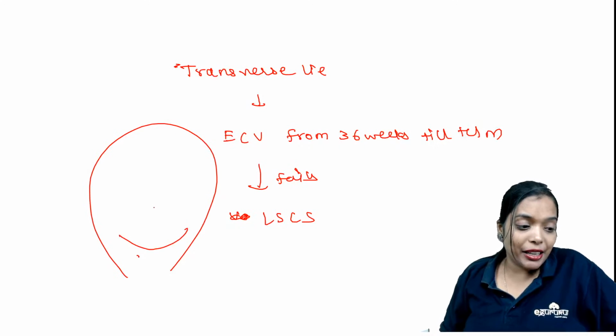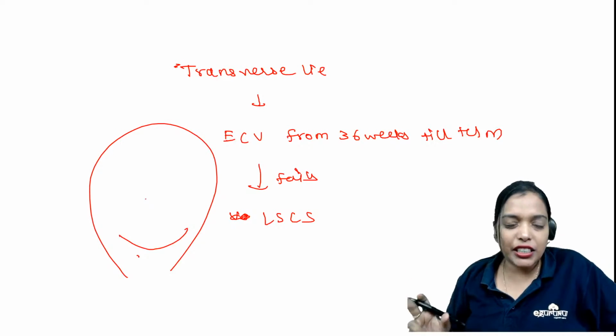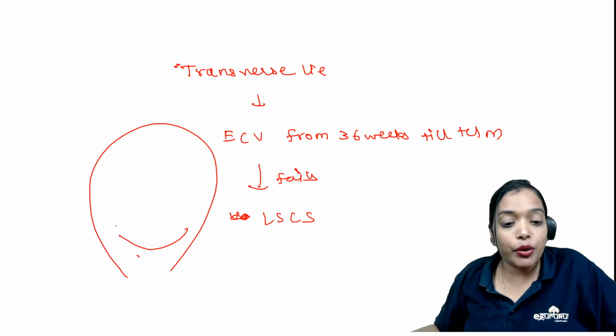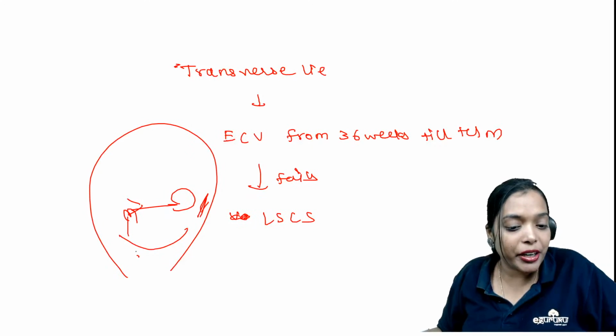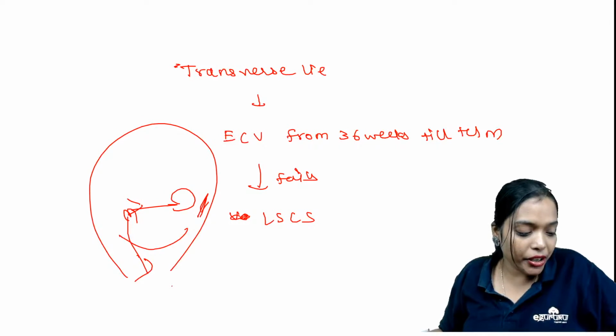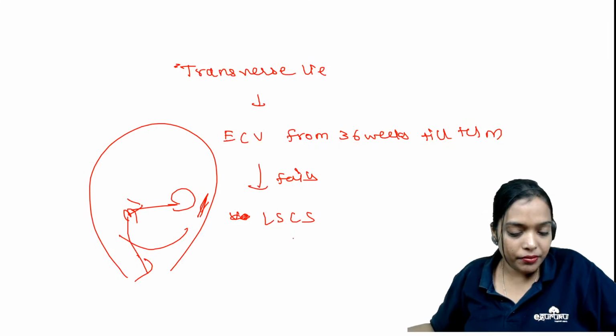This was asked as an MCQ once in the INI-CET or NEET, but it has been asked. So you have to extract the baby by legs, not by head, because the head can slip. We don't get a proper grip, but with legs we get a better grip. So we extract by legs.